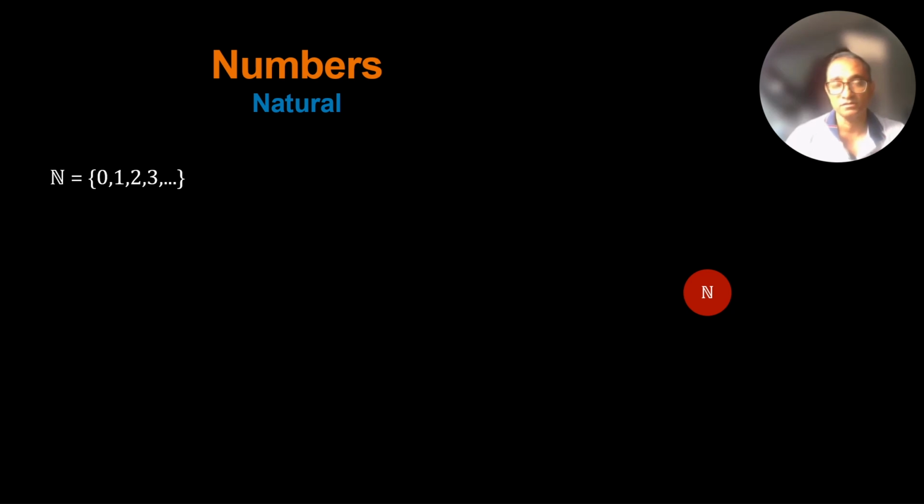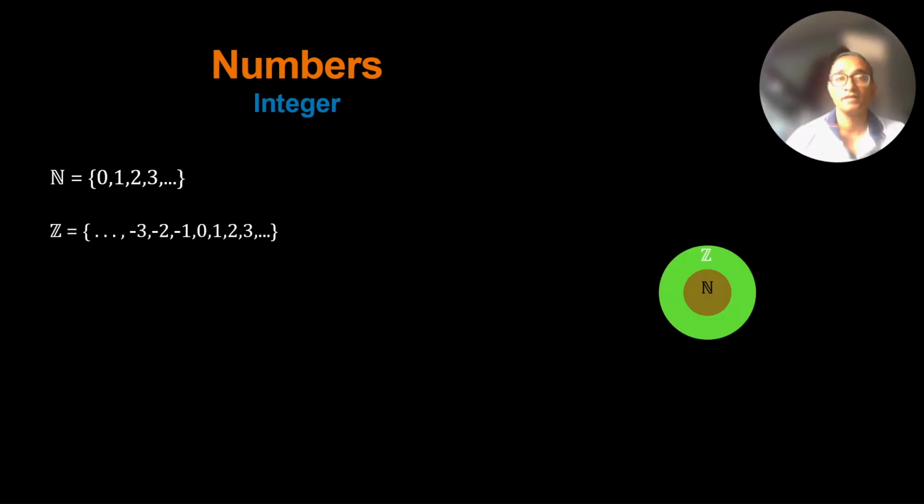To begin with, numbers are distinguished as natural numbers, which, as we know, start from zero and go counting above. Then we also have integers, which also represent numbers in the negative, so less than zero.